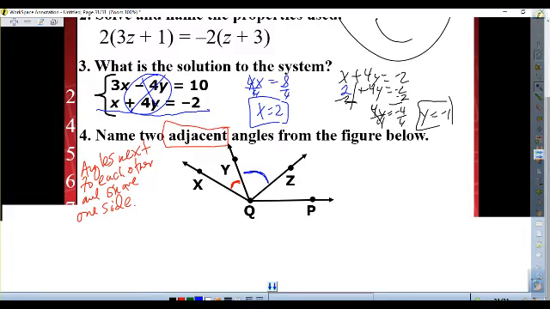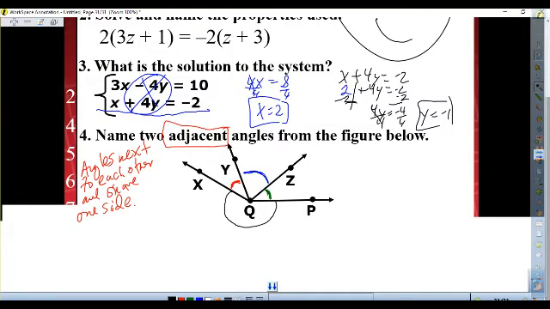Angle YQZ. Next one. Angle ZQP. So far so good. And angle PQX. Do you guys notice that? Yeah. Now there's more. I can make more combinations, but for right now, for the purpose of this, I'm going to stick to those. Are we there?